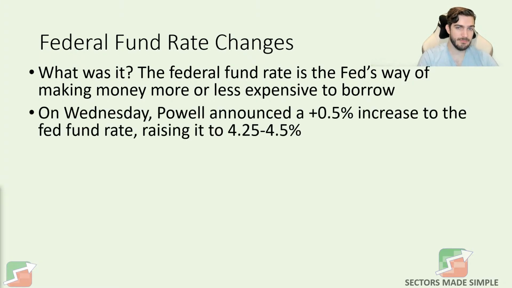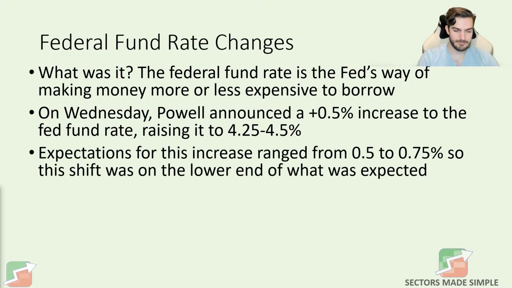So on Wednesday, Jerome Powell spoke about the current rate of inflation, and that while it is moving in the correct direction, it is nowhere close to where it needs to be, and that the Fed is announcing the final change for 2022, a 0.5% increase to the federal funds rate, raising that interest rate up to 4.25 to 4.5%.